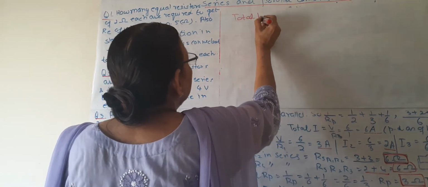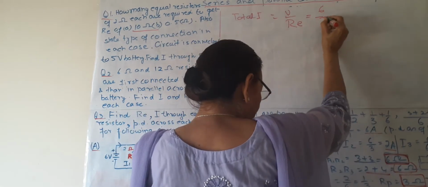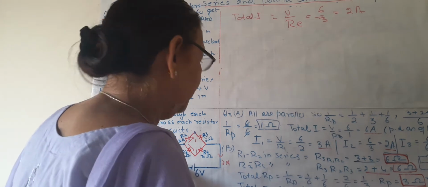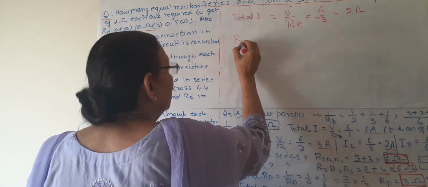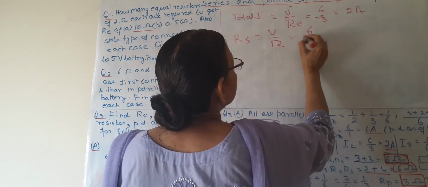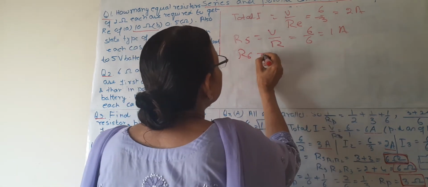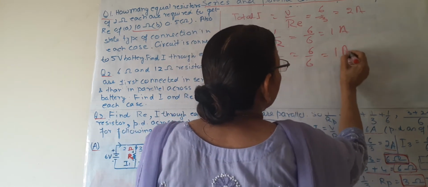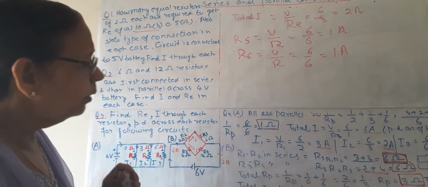The total I will be V upon R, 6 by 3 or 2 ampere. 2 ampere is the total current. Now the current in this R5 will be V upon R. V is 6, R5 is 6, so it will be 1 ampere. Likewise in R6, V upon R is equal to 6 by 6 or 1 ampere. That is, 1 ampere current will go up and 1 ampere current will go down.